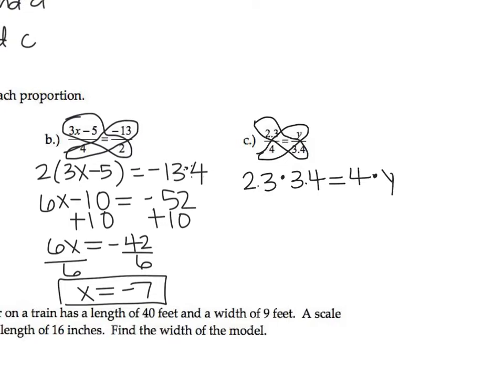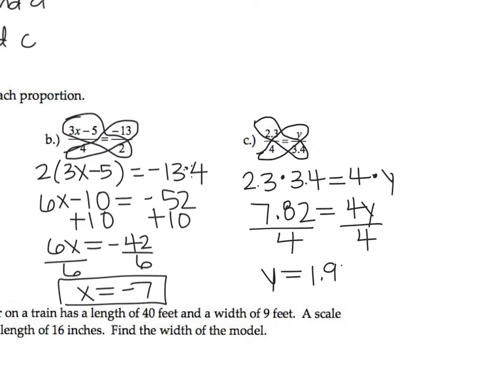So 2.3 times 3.4 gives us 7.82, and then 4 times y is 4y. Then we divide both sides by 4, and we get y equals 1.955.